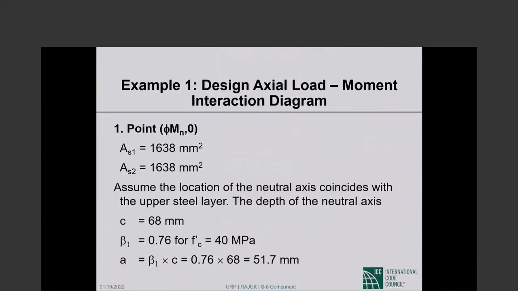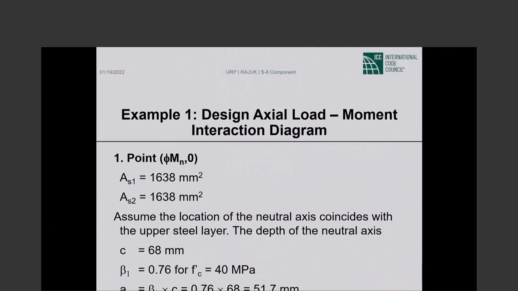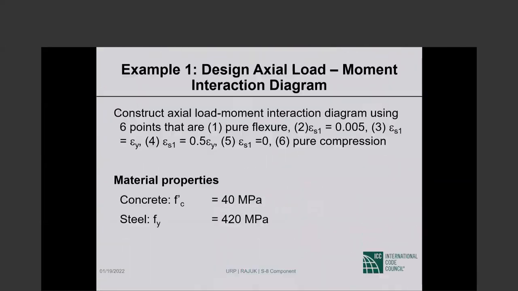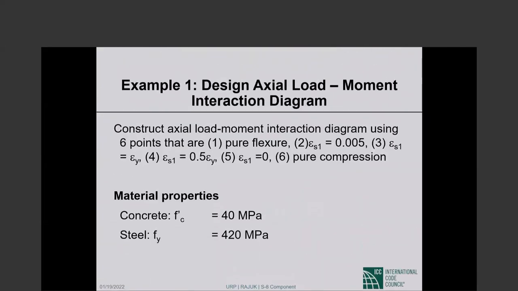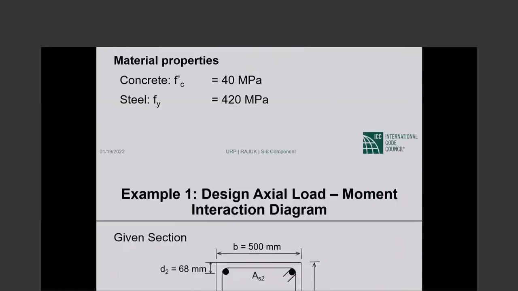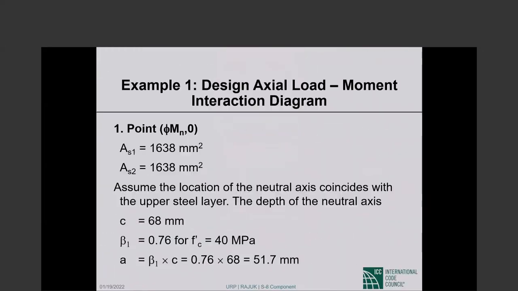Okay, the first item, we are on the x-axis. We want to calculate, how was it phrased, pure flexure. Okay. So Mn is the moment strength. There is no simultaneous axial load.